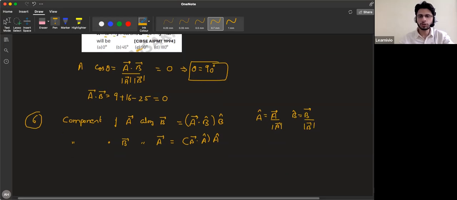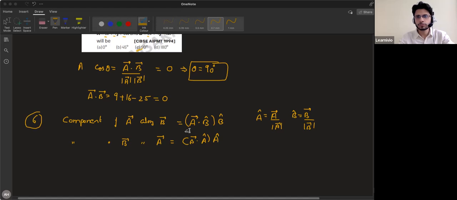Note it down, we'll do one question over it also. There is one question in PYQ from this topic. Just note it down, we'll do one question on this concept.